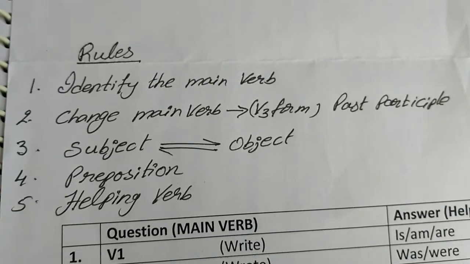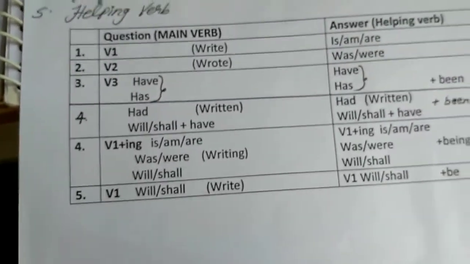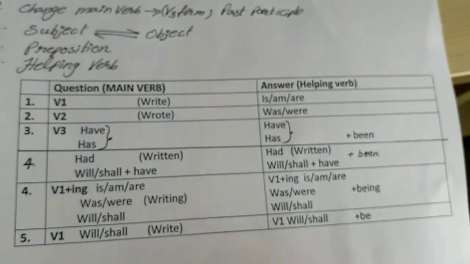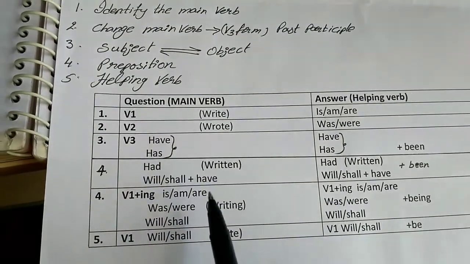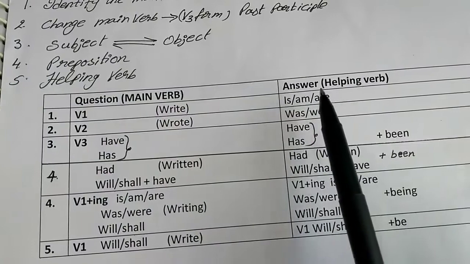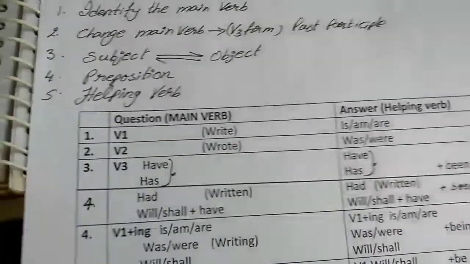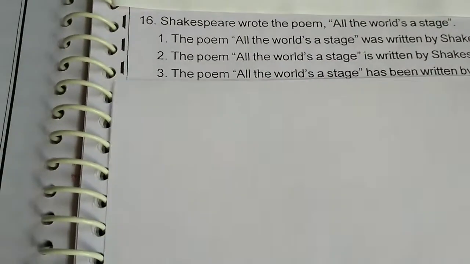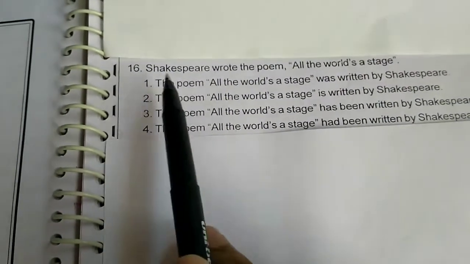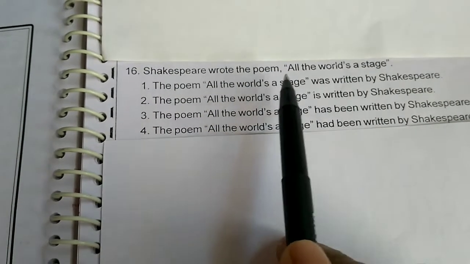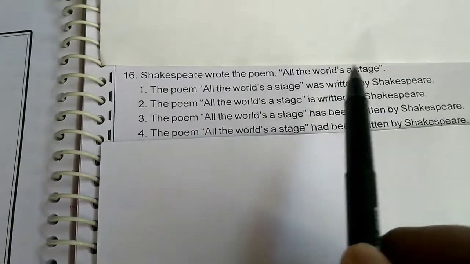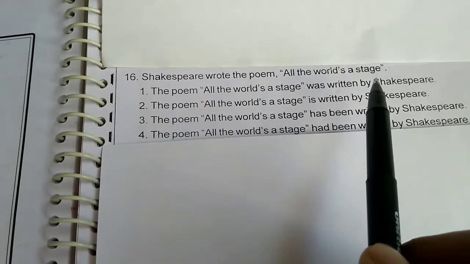For a question given in an exam, within 3 seconds you can get the correct answer. Here is the trick. You have gone through the rules as well as this table, where you have the verbs in the question and the helping verbs in the answer. Let us write an exam now. Here is an example. Shakespeare wrote the poem All the World's a Stage.